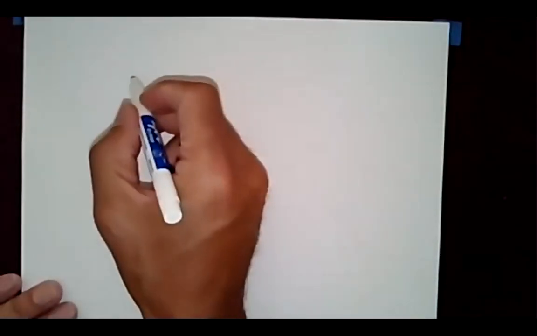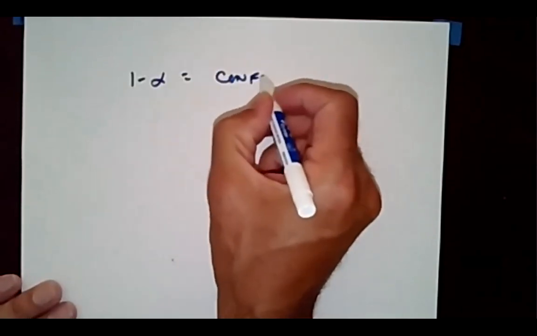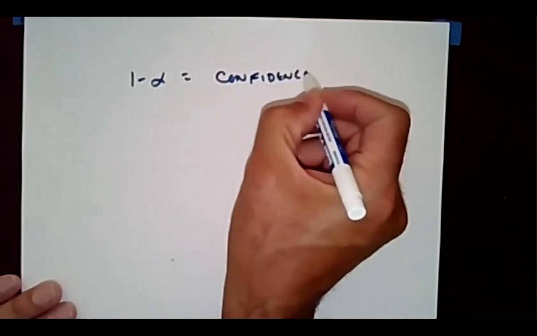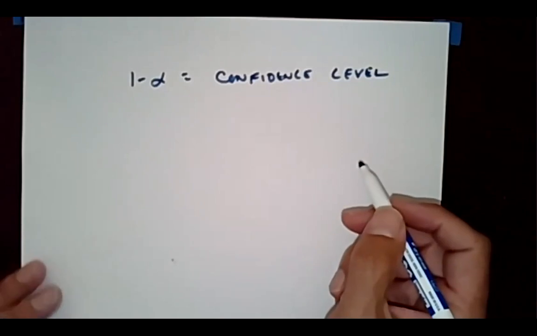Let me go back to my document camera real fast and talk about that for a second. One minus alpha is your confidence level, right?